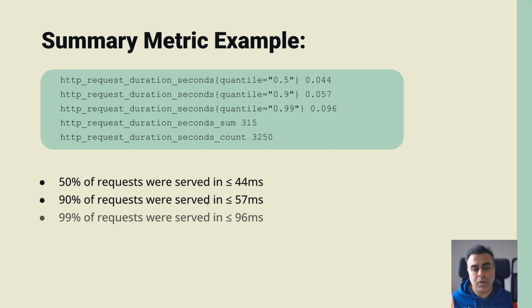And also 99% of requests are served in less than 96 milliseconds. And we have the number of observations and the count. So we can see that we are not flooded with information for 3,250 requests. We just get some insight about those. And these metrics will help us to store them in Prometheus and track them over time.